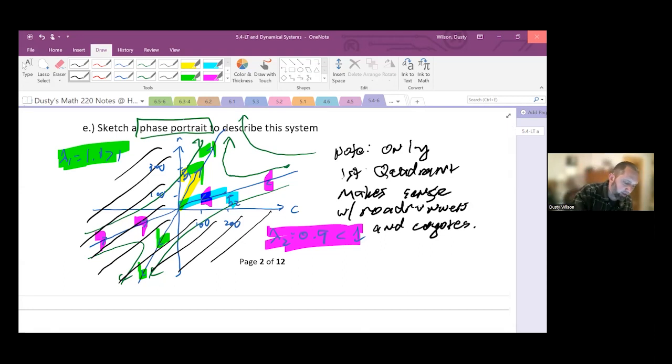Just to make it clear what that would look like: if you started with lots of coyotes and few roadrunners, then both populations would quickly go to 0. If you started with roadrunners and no coyotes, then the roadrunner population is going to grow without bound. So that's what it means to get rid of the other quadrants in the context of the question.